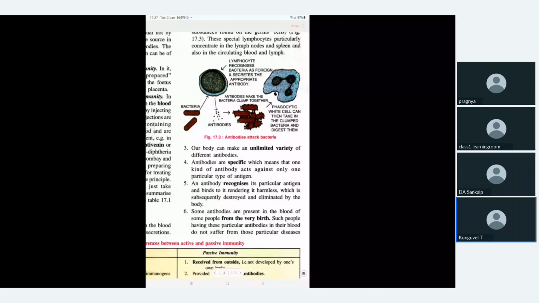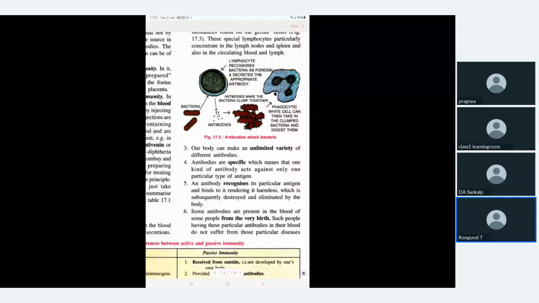The immune system should have this property, in the sense that many substances can enter from outside. For example, you are eating food. Food contains good substances, and drinking water is good for health. But when the water is contaminated, or you're eating spoiled food, the body should recognize what is good and what is not good.